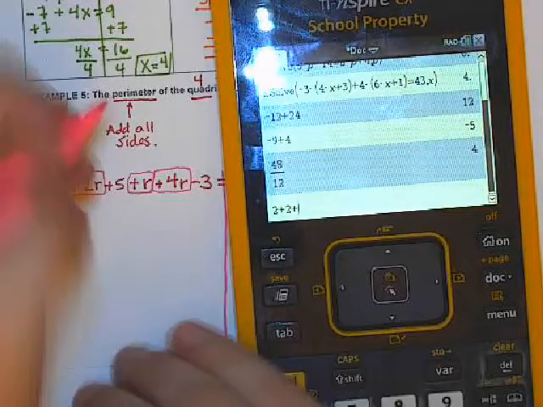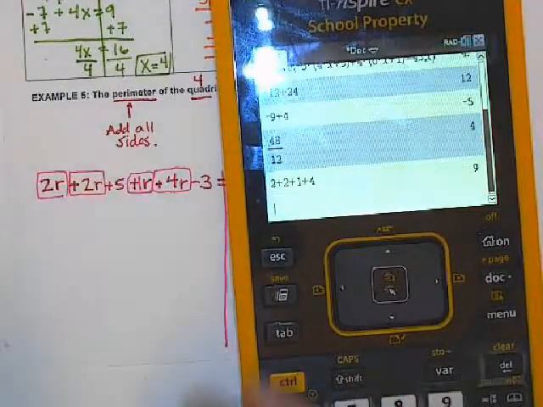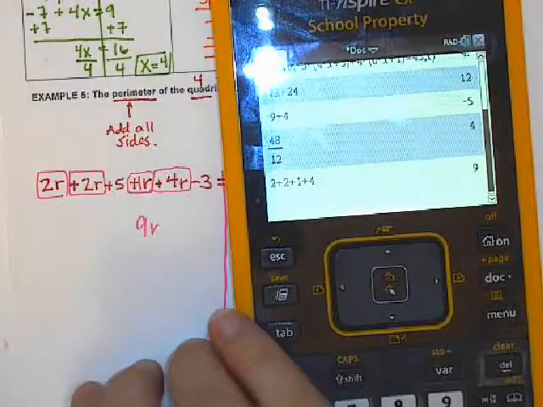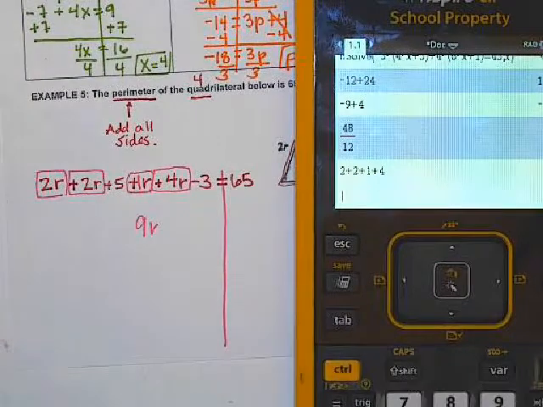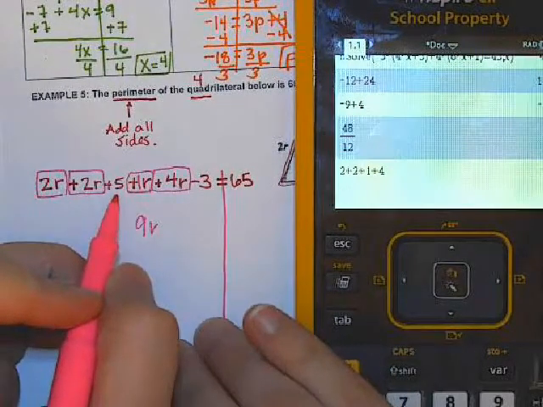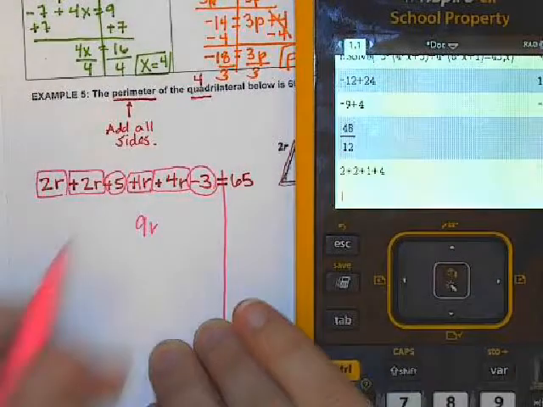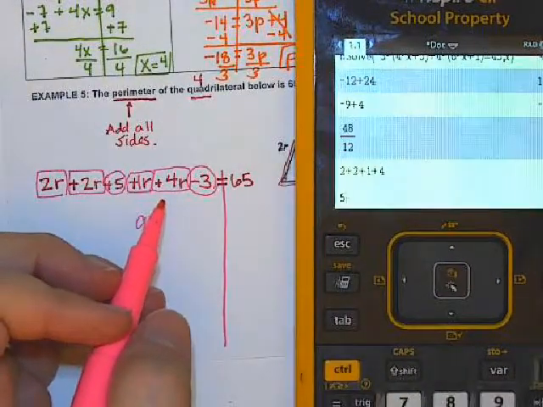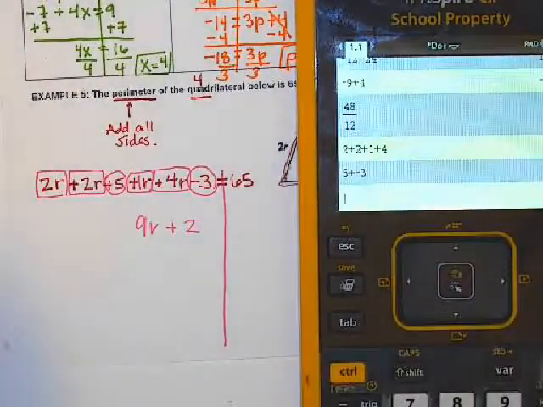This is a 1r, so plus 1 plus 4 gives me 9r. Now what? Combine like terms. Now I've got the 5 and the -3, and I'm adding. So 5 plus -3 gives me a positive 2.